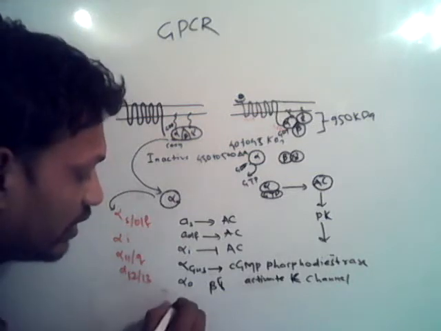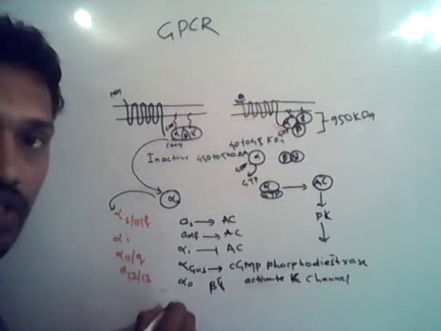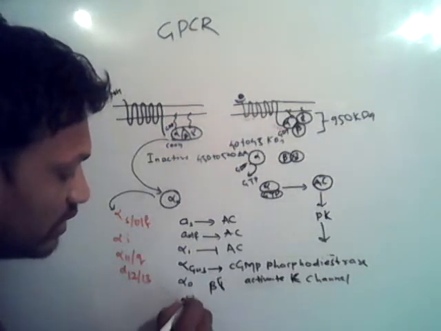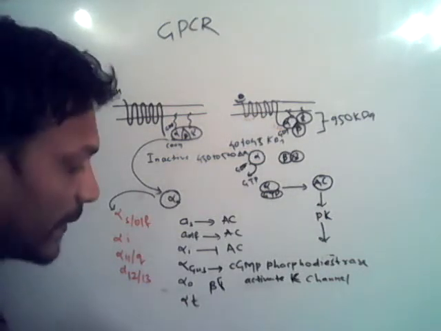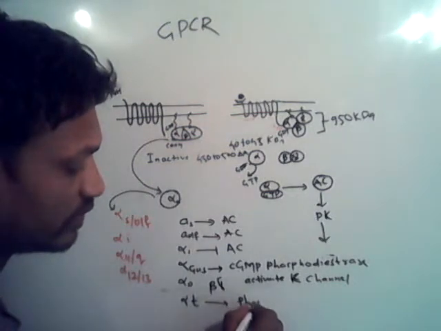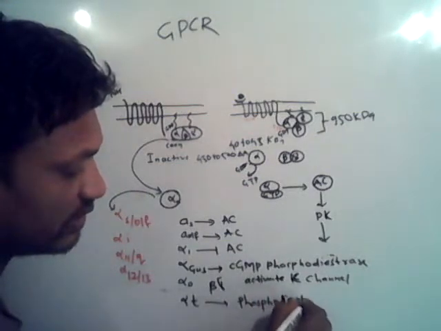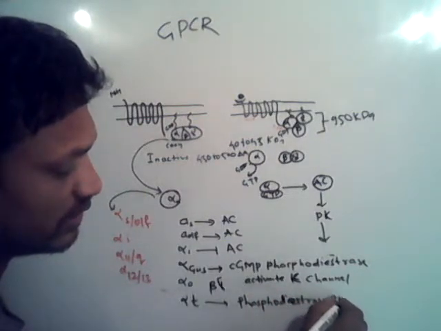Now what happens if this is transducin? It activates the phosphodiesterase enzyme.